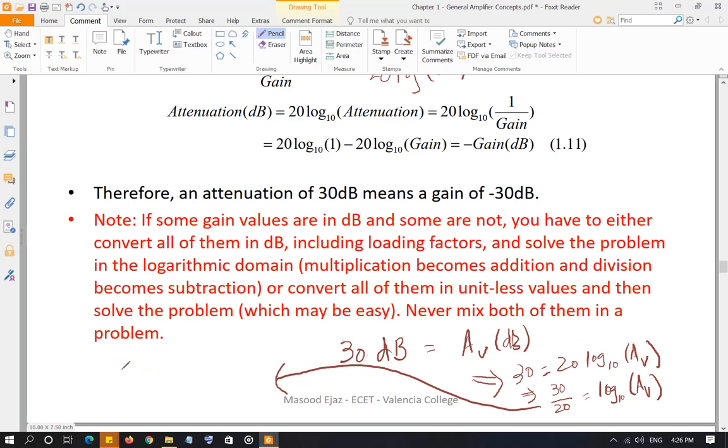How do you get rid of the log? You take the power on both sides by whatever the base of the log is. The base of the log is 10, so you take 10 to the power 30 over 20, or 3 over 2, and that is equal to AV. I don't think I mentioned it in the notes, assuming that everyone knows how to go back from the logarithmic scale to the regular unitless quantity. But if you forgot, this is how you go back, basically.